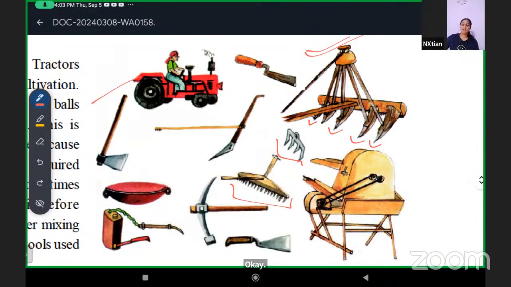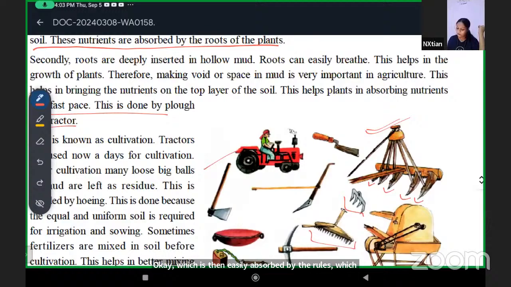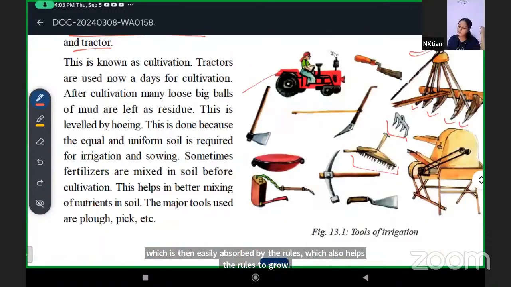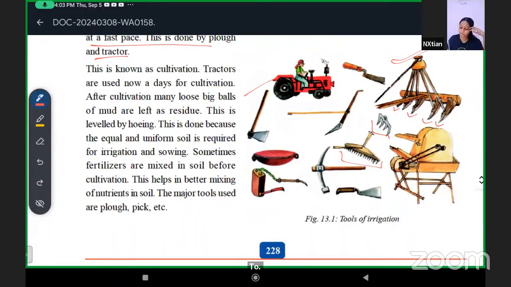The nutrients come to the top layer, which is then easily absorbed by the roots, which also helps the roots to breathe and grow. This process is known as cultivation of soil.